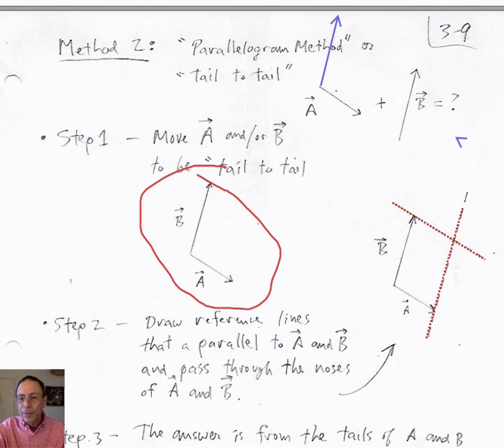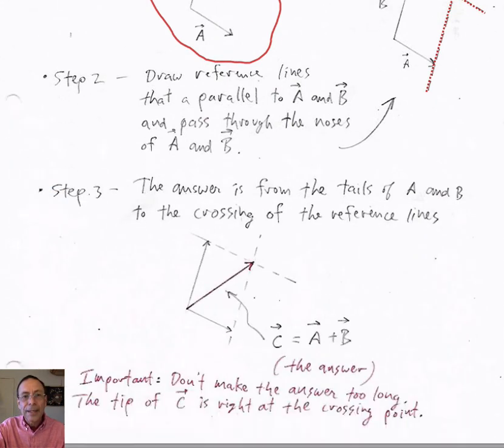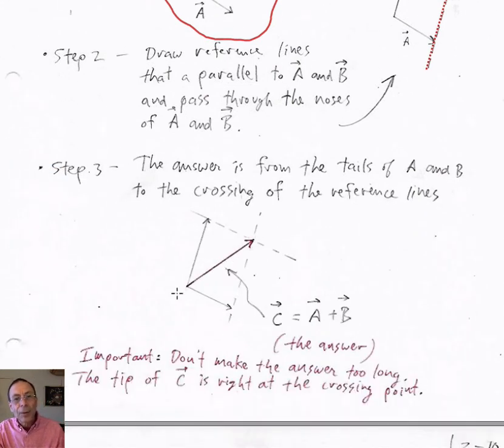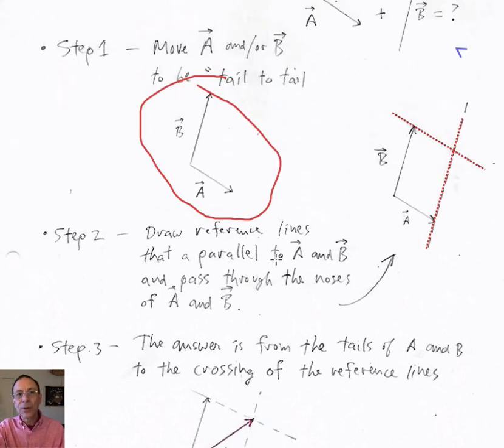So now what? Our answer is going to be from where the two vector tails are touching to the intersection of the two reference lines. Here it is in my notes, and I could draw it again.